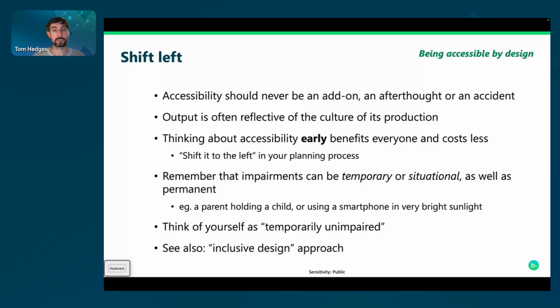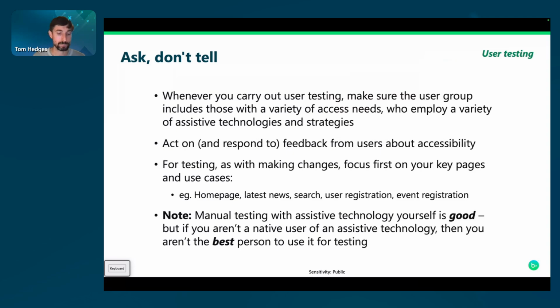So do think of yourself as temporarily unimpaired. And it's also worth looking up the inclusive design approach, which I've very roughly summarized elements of there, but it's a really deep and thorough explanation of how and why you can build inclusivity into every aspect of design.